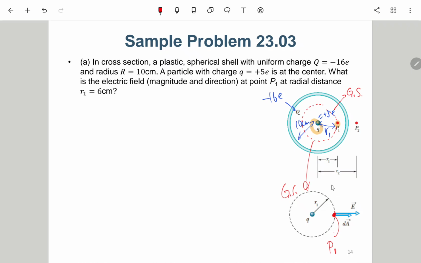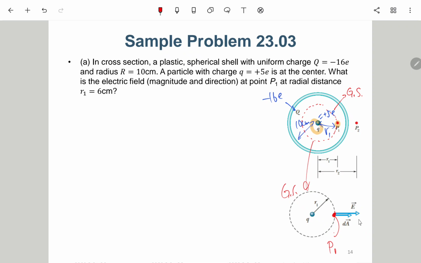So we don't actually need to draw this sphere for this figure. So in such a way, we can consider that this Q will generate E field pointing to the right side, and also at this point we have dA also pointing to the right side.